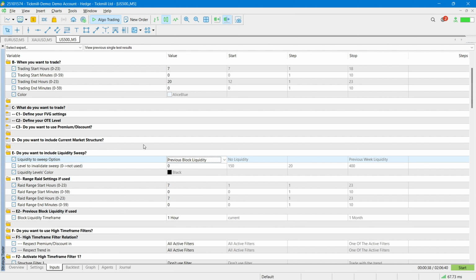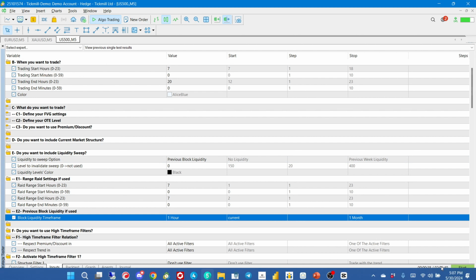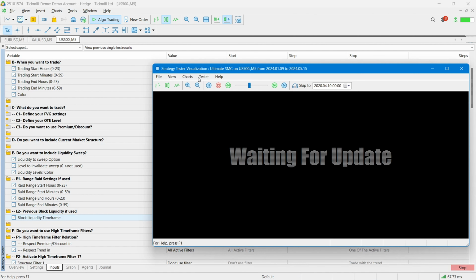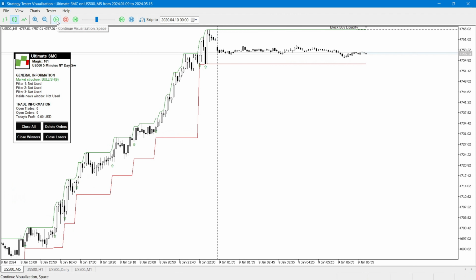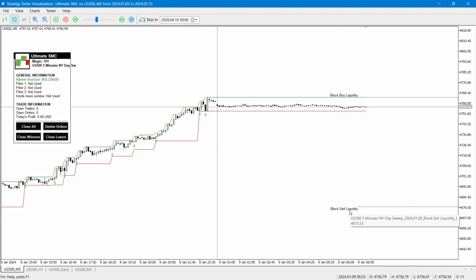So basically, I'm trading on the 5-minute, and I'm looking at the liquidity on the 1 hour. I'll keep the same settings as for the previous one. So I'm starting, and as soon as my window has started, basically I have the highs and the lows, and those highs and lows, I'm just going to check.